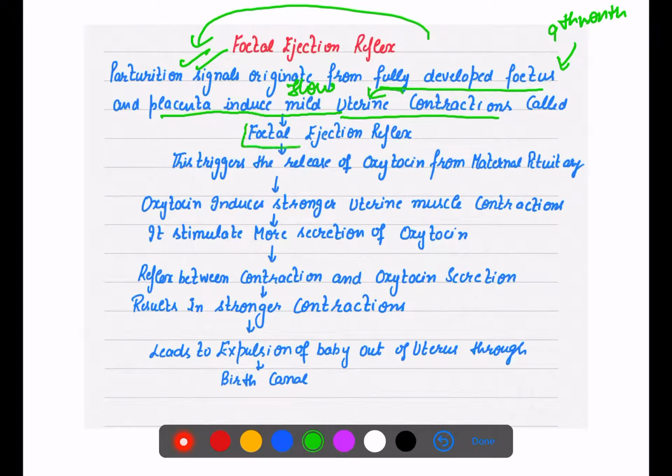This is called the fetal ejection reflex. First, that is the first reflex which comes from the fetus, and then the placenta induces the uterus to produce contraction, and this is called the fetal ejection reflex.